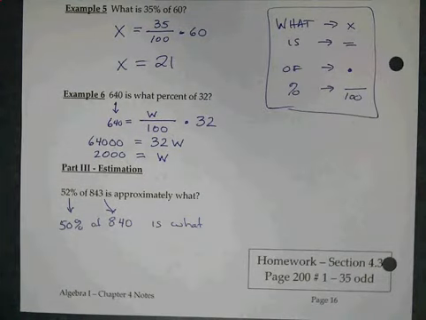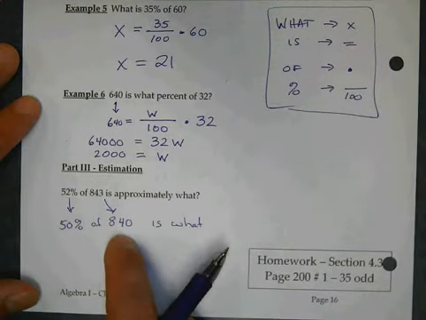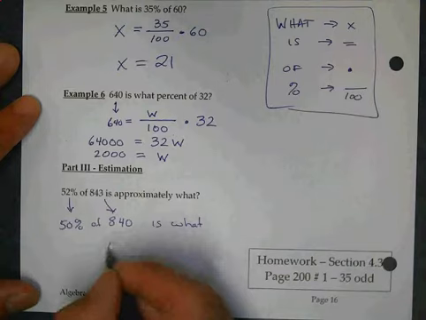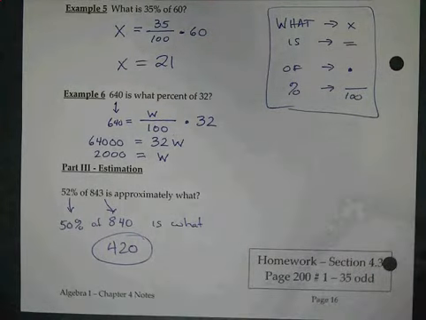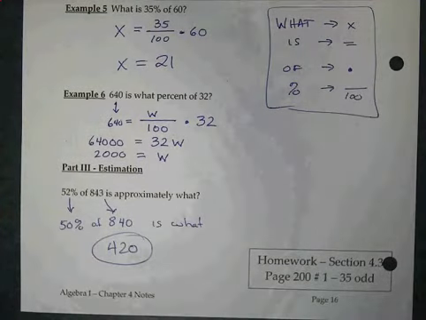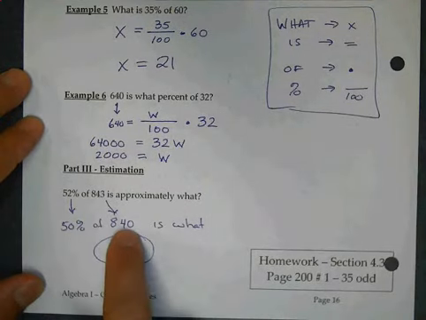You can do that in your head. Effectively cut it in what? Half. What's half of 840? 420. So when they ask you to estimate, put down your calculator, put down your scratch. You're literally just thinking through it. Ballpark your percentage, ballpark your number, and figure it out.